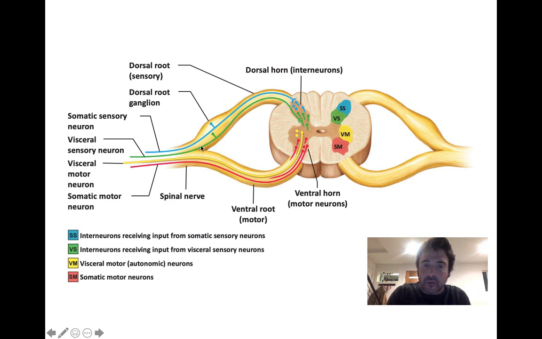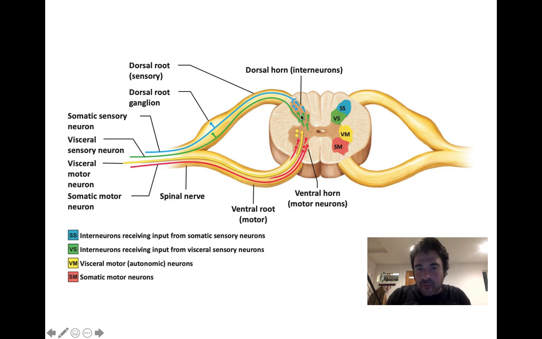So we have our dorsal root ganglion. That information continues to travel along the axon of those unipolar neurons until it enters the spinal cord, and both that autonomic, aka visceral, sensory information and that somatic sensory information enter into the posterior gray horn. The job of the posterior gray horn of the spinal cord is to take in sensory information and ultimately route it to wherever it's going to go.